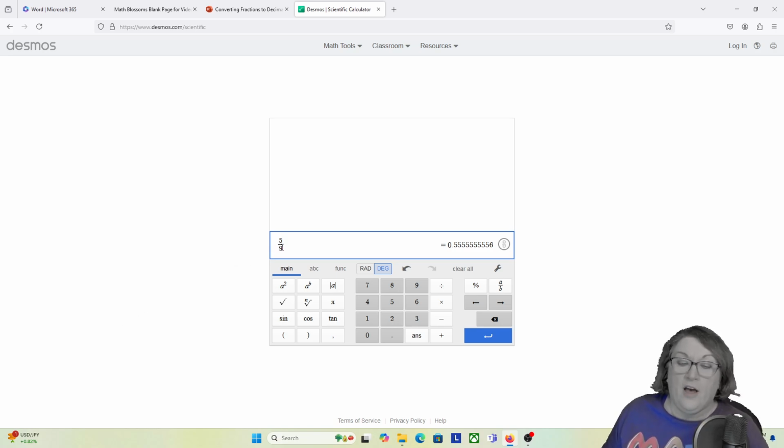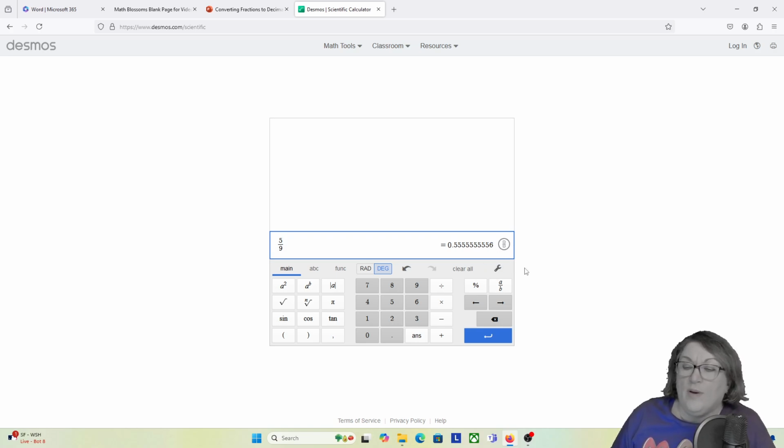I have placed the fraction 5/9 into Desmos. And if you notice, 5/9 is a repeating decimal. We just talked about that. If you see the 9 in the denominator, you know that that is 0.5555 repeating. Well, notice what your calculator did. Desmos always rounds that last digit if it's a number 5 or more. Now, that does not mean that that is not a repeating decimal, okay?